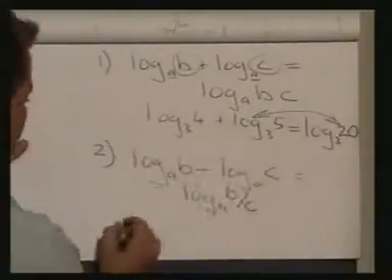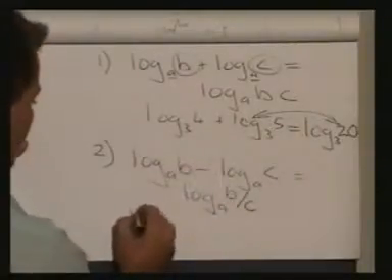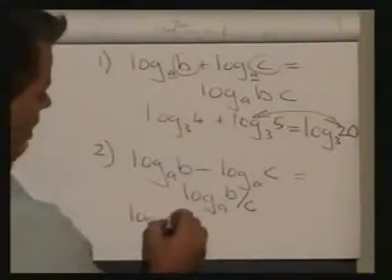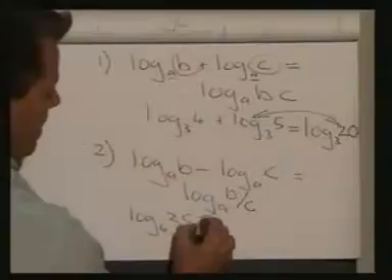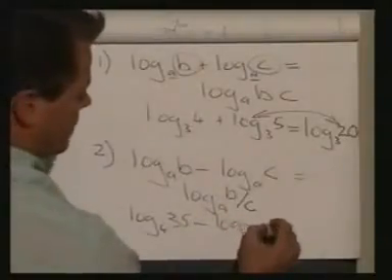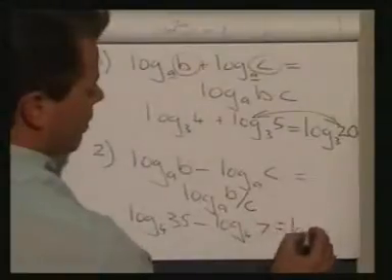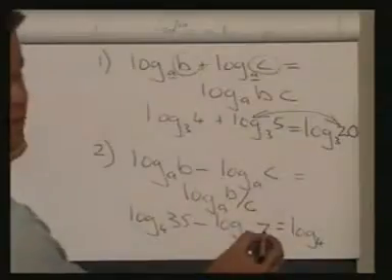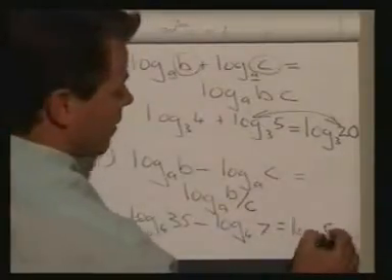So in other words, if we use exactly the same ones, let's say the log of 4, 35 minus the log of 4, 7 will give us the log of 4, 35 divided by 7, which is 5.